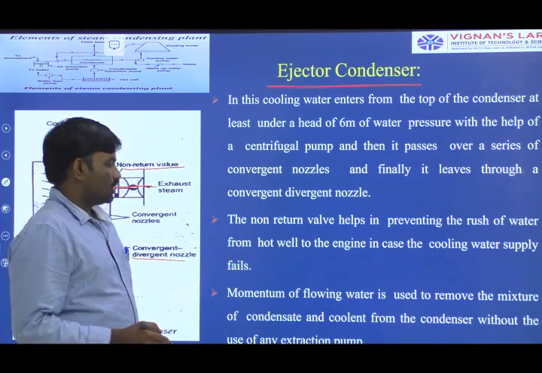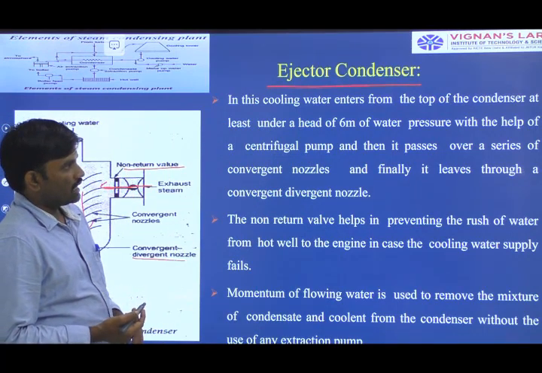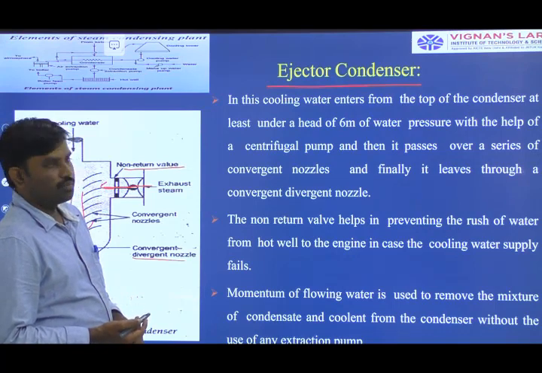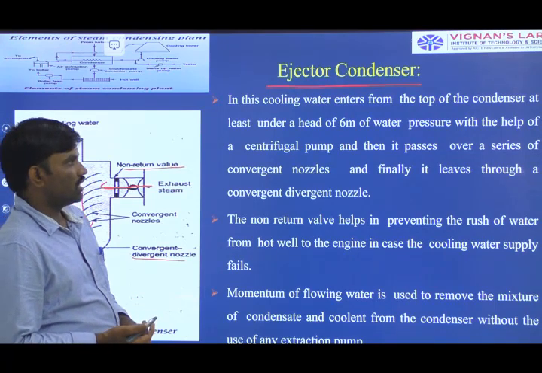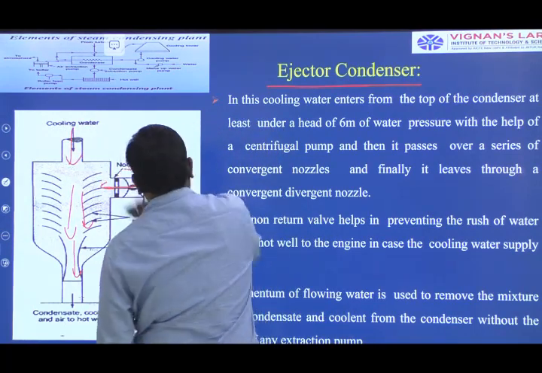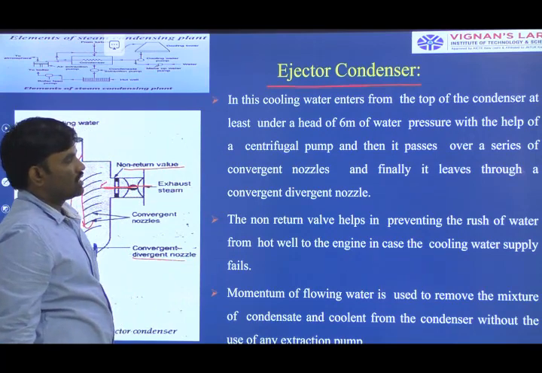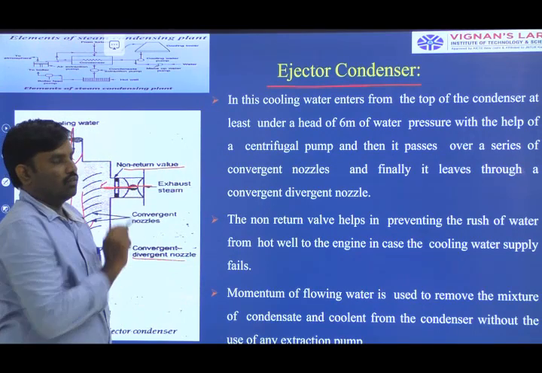See the working principle, which I wrote here. In this, cooling water enters from the top of the condenser. You can clearly observe that from the top of the condenser we are introducing the cooling water, and the exhaust steam we are introducing through the non-return valve.